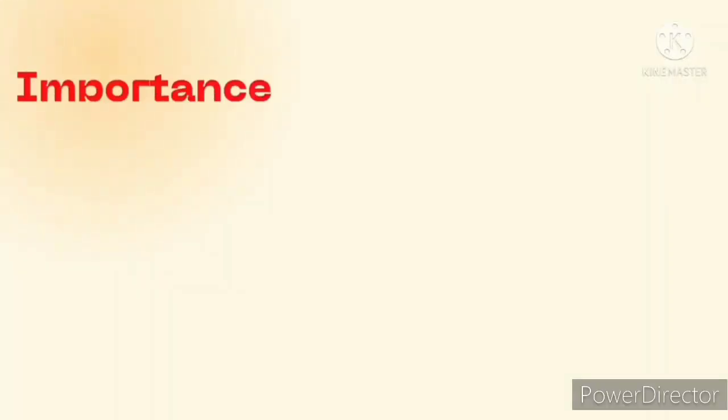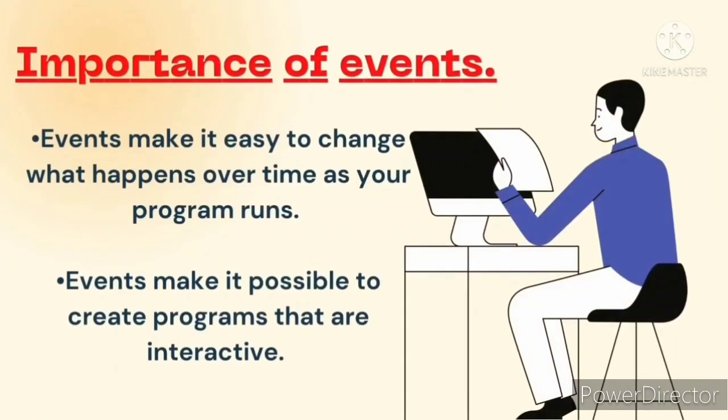Now let's quickly take a look at the importance of events. Firstly, events make it easy to change what happens over time as your program runs. Events make it possible to create programs that are interactive.